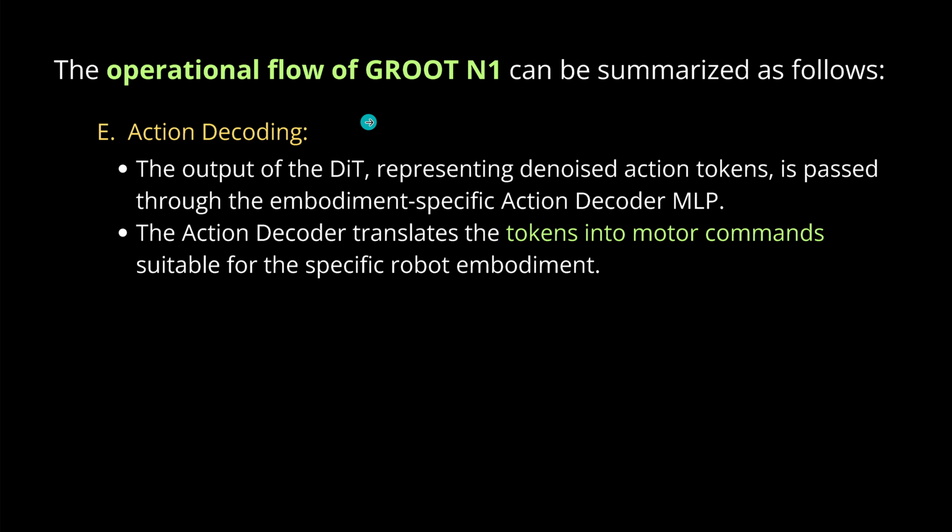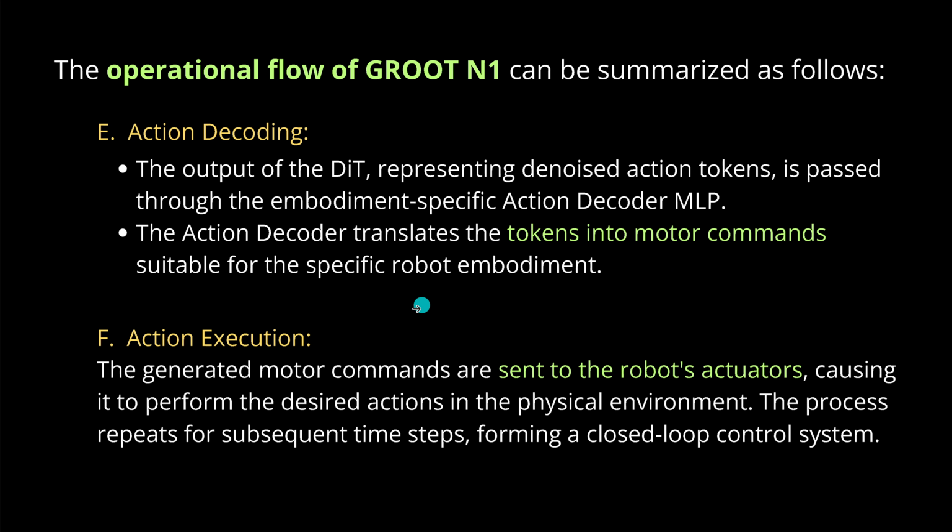And then we have the action decoding, because the output of our diffusion transformer, representing the denoised action tokens, these are the commands, hey, do this, my little robot, is passed through the embodiment-specific action decoder, our MLP, and the action decoder translates the tokens into final real motor commands suitable for the specific robot embodiment.